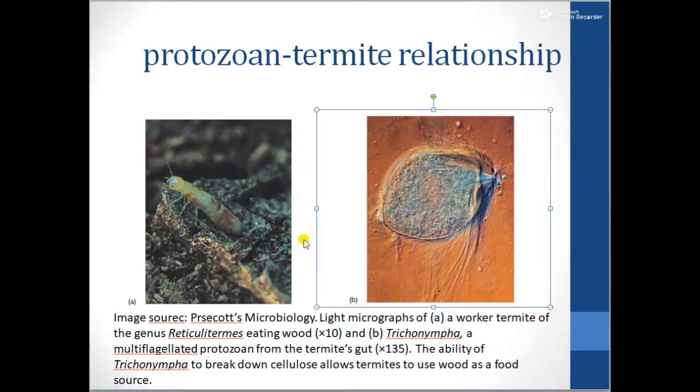So the wood is taken by the termite, but the enzymes for degradation of the cellulose are provided by Trichonympha, which breaks down the cellulose into acetate as well as various other end products that can be utilized by the termite. As the termite utilizes the acetate products, it produces a highly anoxic environment so that Trichonympha also can multiply within it. So this is a case of a symbiotic relationship between a protozoan and a termite.